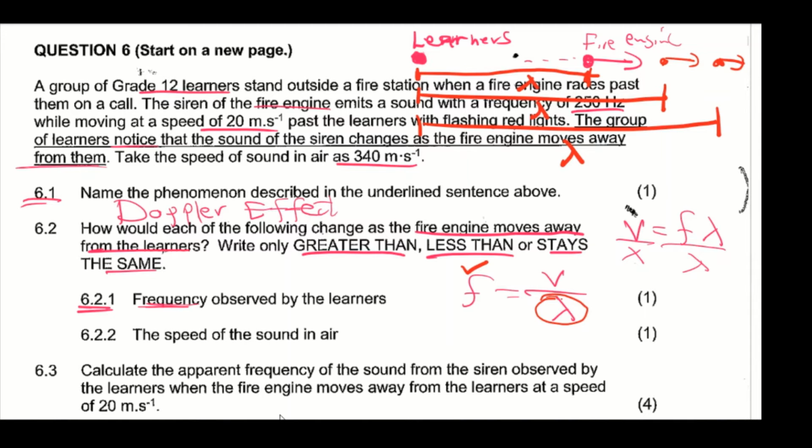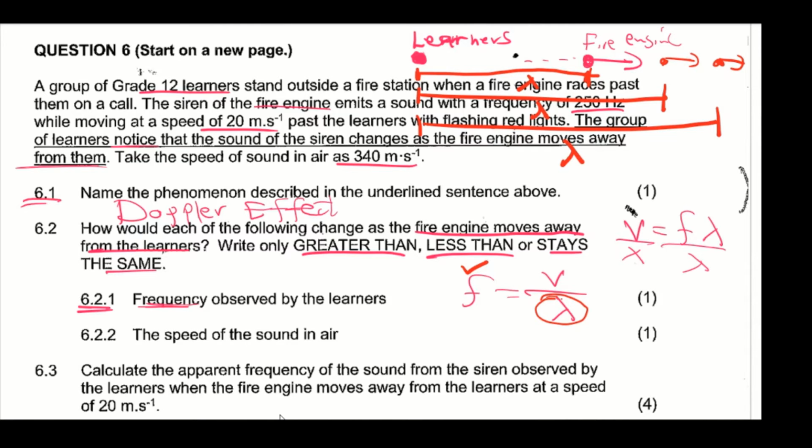So it means you will hear the sound less and less the more the fire engine moves away from the learners, because of the sound waves. So basically there's a decrease in frequency.